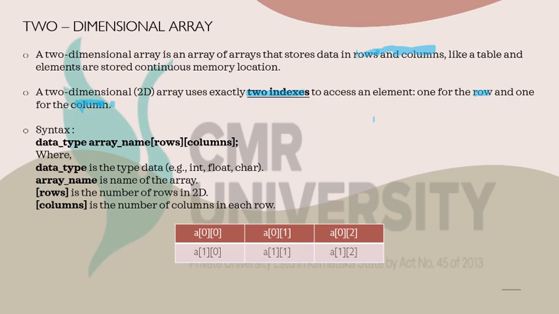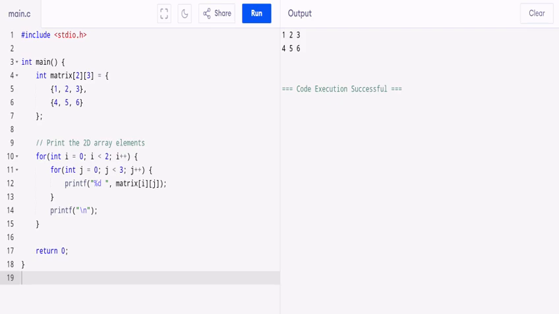Now let's see a simple program for a two-dimensional array. First, we start with the header file, and then we declare and initialize the matrix with 2 rows and 3 columns and given values.